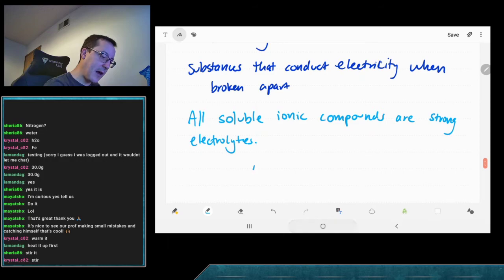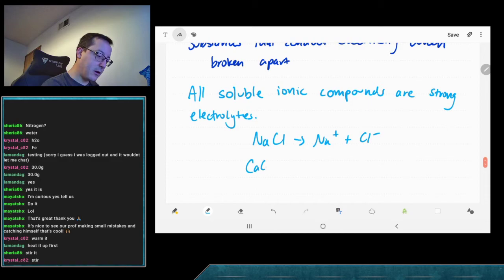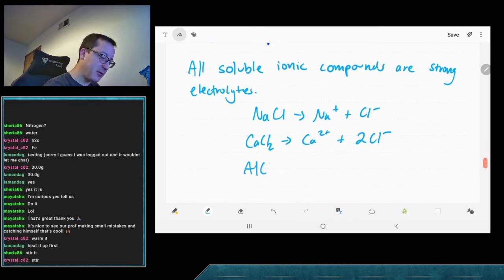So something like sodium chloride would completely break apart into its ions when we dissolve it. Calcium chloride would also do the same thing. And something like aluminum chloride, guess what? When it dissolves, it's also going to break apart.